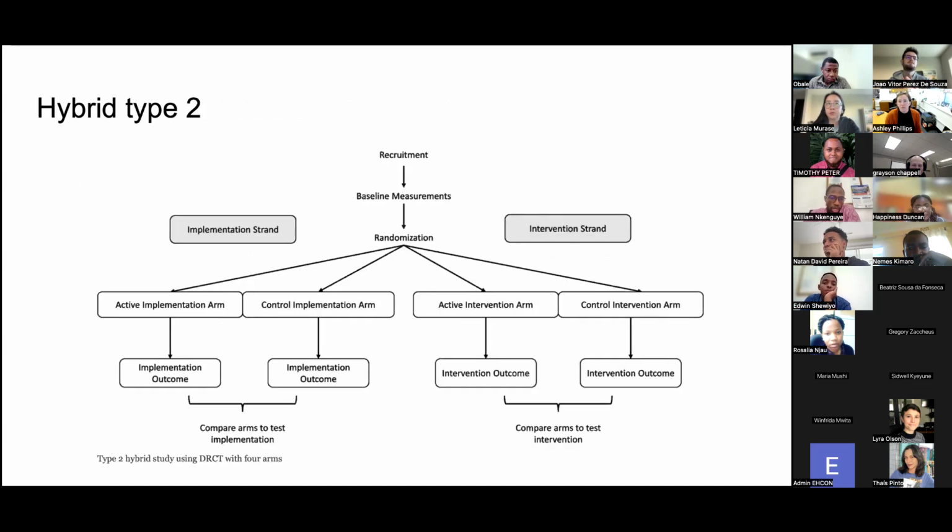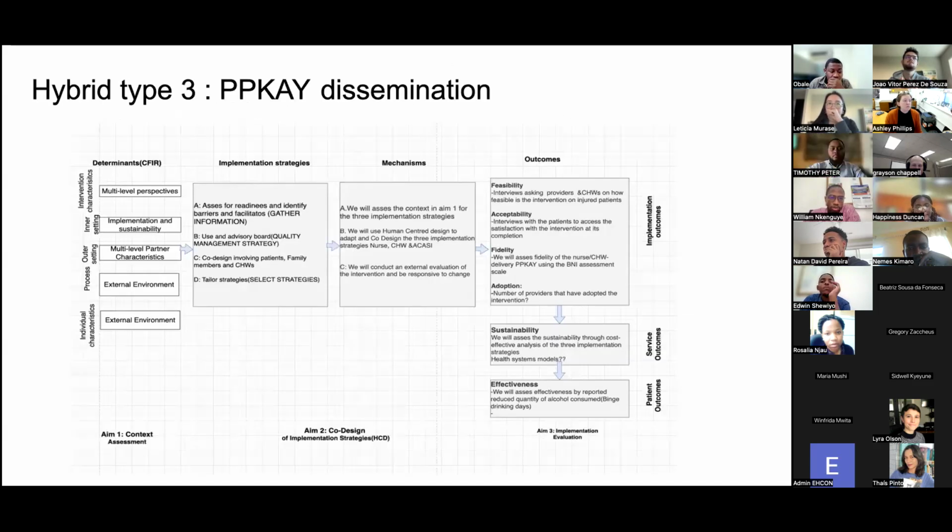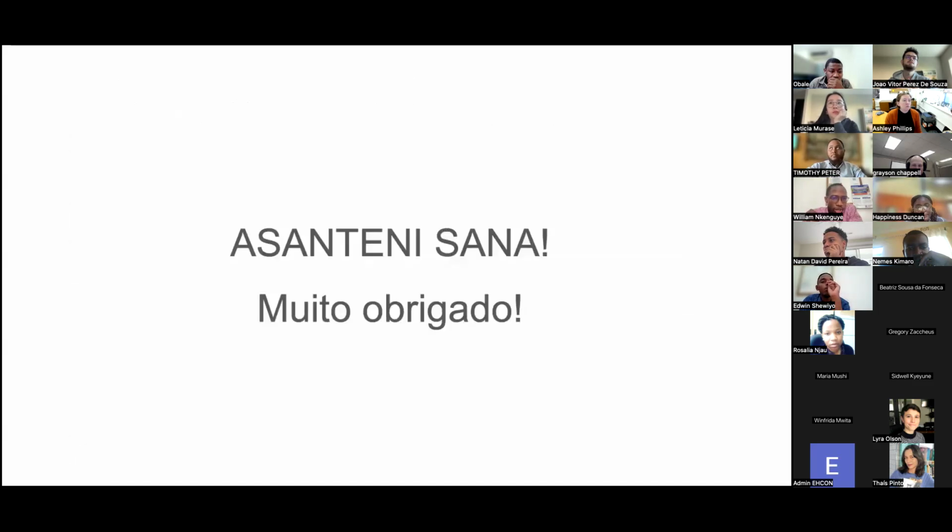So this is again a description of the hybrid type 2. I wanted to talk about this, but I'll just skip. I hope I haven't confused you. And this marks the end of my introduction to effectiveness implementation hybrid designs.